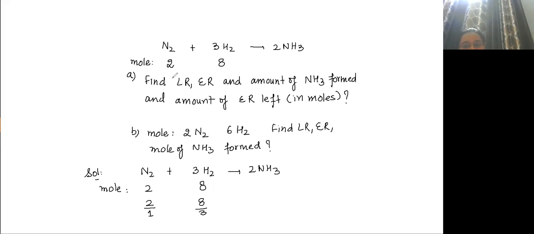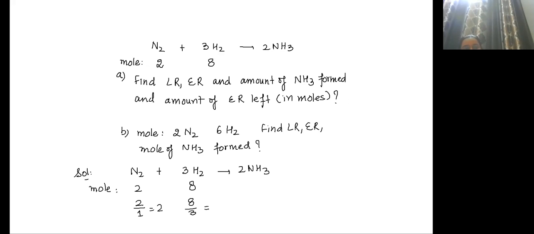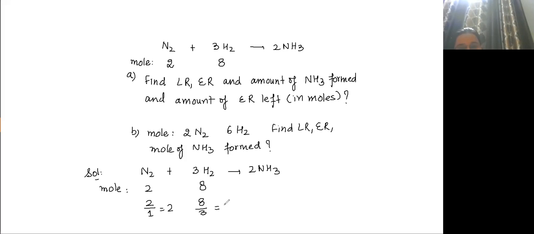This comes out to be 2, and 8 divided by 3 comes out to be 2.6. So which is LR and which is ER? LR is N2, ER is H2. Copy this. If this is done, let me know.